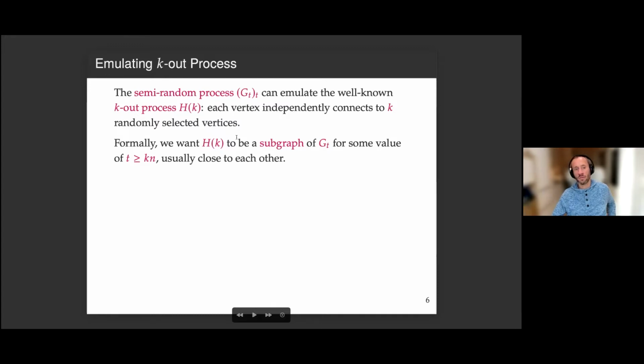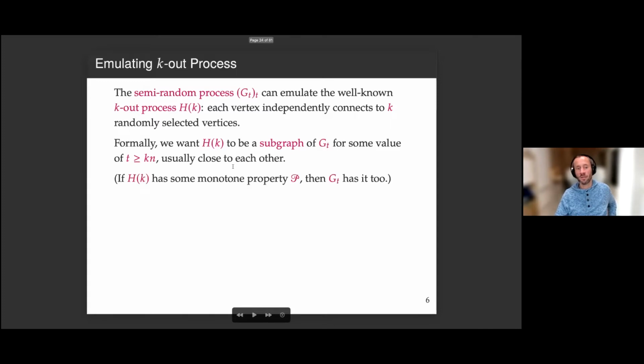If I'm lucky, I can do it in the minimum number of rounds, but usually there's some little overhead, as you will see hopefully in a second. But again, the idea is that I want to guide my semi-random process in such a way that it creates a Kout graph at some point, with possibly some additional edges, which I don't care about, because I'm hoping that my semi-random process achieves some monotone property.